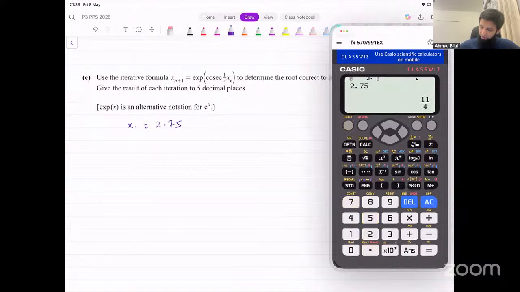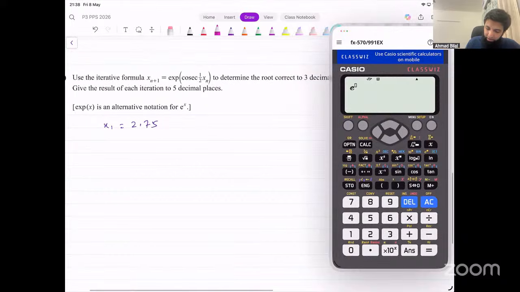2.75, that's the starting point. e raised to the power cosecant. Now, what is cosecant going to be? Let me write that down on the side. On your calculator, you'll do something like this: e raised to the power 1 over sine of half, and in place of xn you put the answer. So that's e raised to the power 1 divided by sine of half times the answer.